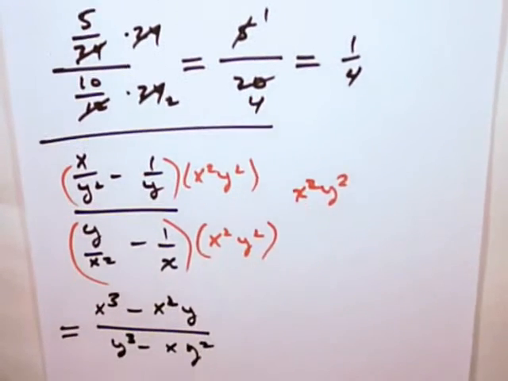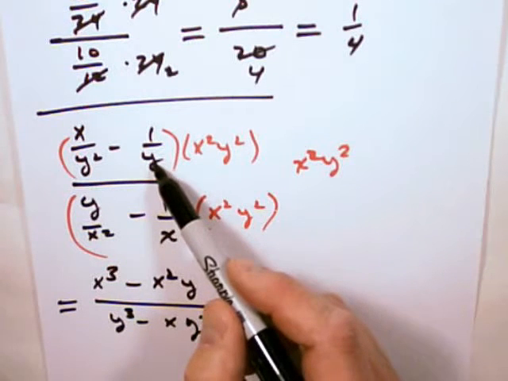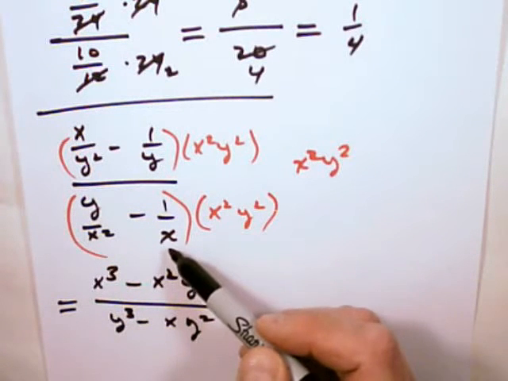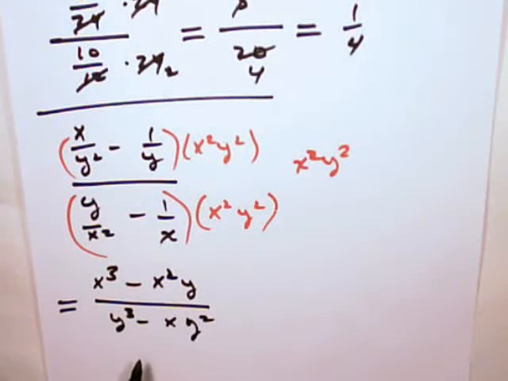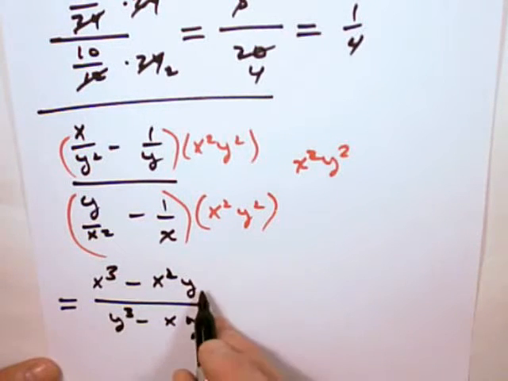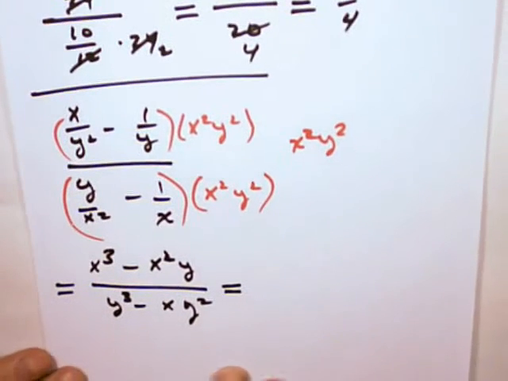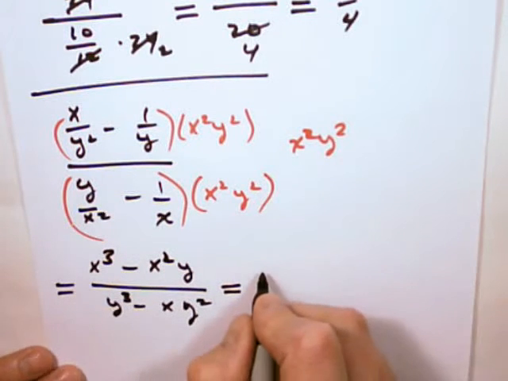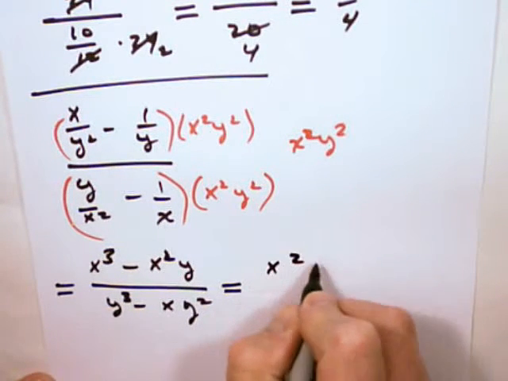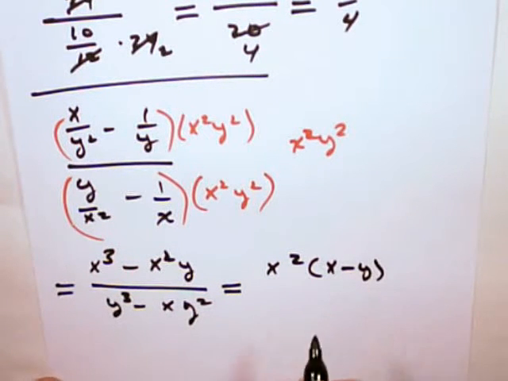Okay, so now let's look at what we did here. We've gotten rid of both the fractions in the numerator and the denominator. Essentially cleared those denominators. What I'm going to do now is take a look at the resulting numerator and denominator, and see if I can do any kind of simplification here. Let's see. In the numerator, it looks like I can factor out an x squared and be left with x minus y.